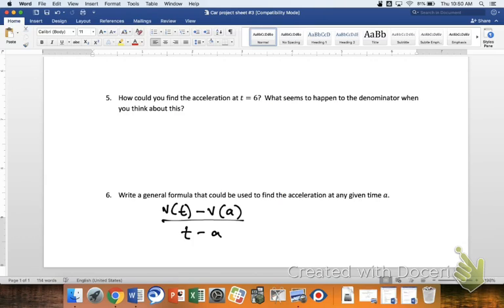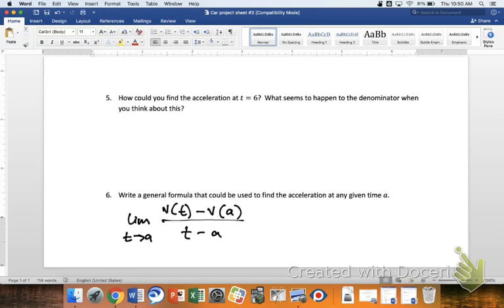And then Andy said if we throw the limit, right? So the limit as t approaches a onto that. Now that is the acceleration at any given time a. So if we want to know the acceleration at 3, just put a 3 everywhere you see an a. Then you probably have to use your graph to get some data, and you could run some numbers and come up with that as close as you could estimate with a graph, at least, an acceleration.